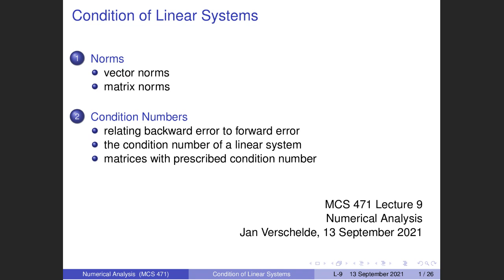So we can make our problems as easy or as hard as we like. That's very important to know once we test the linear system solvers, the numerical algorithms to solve linear systems.